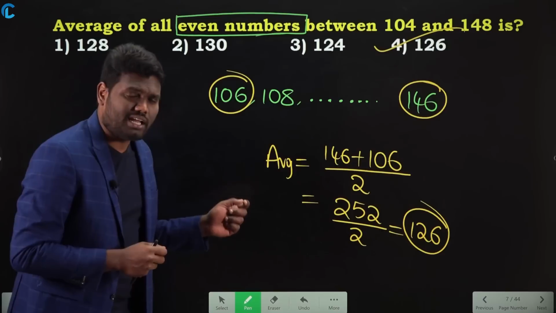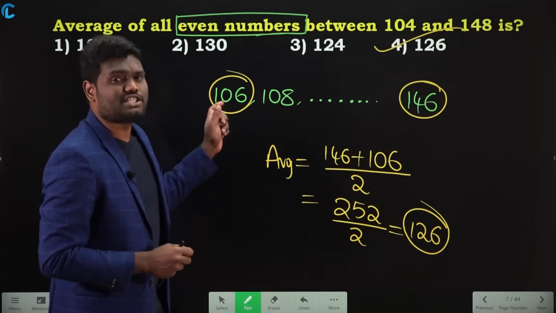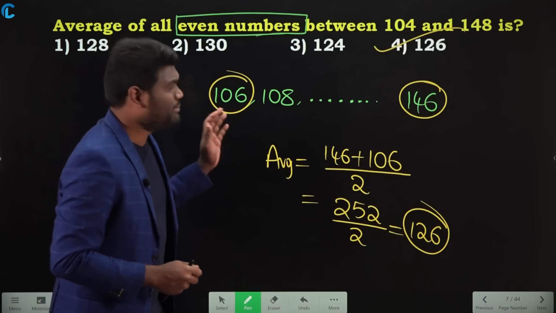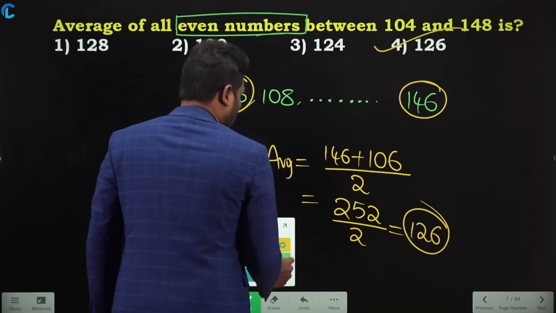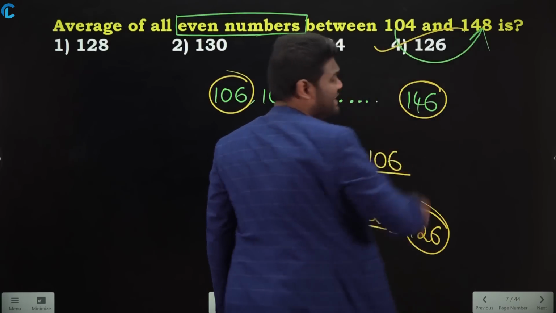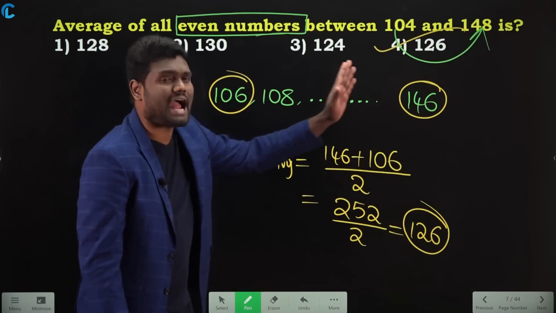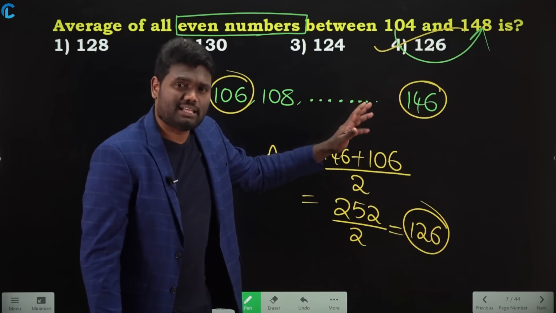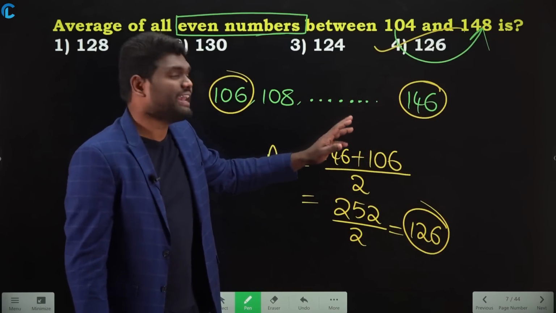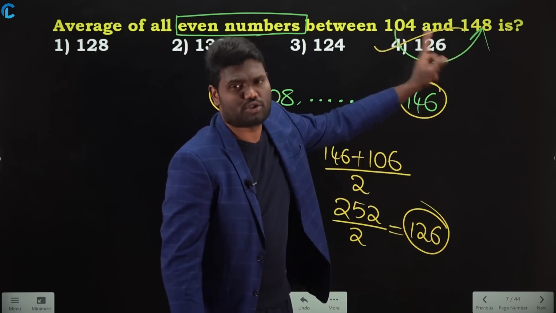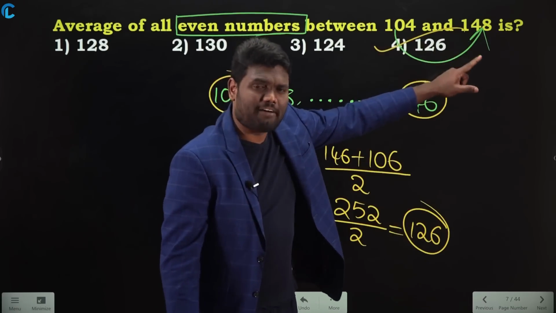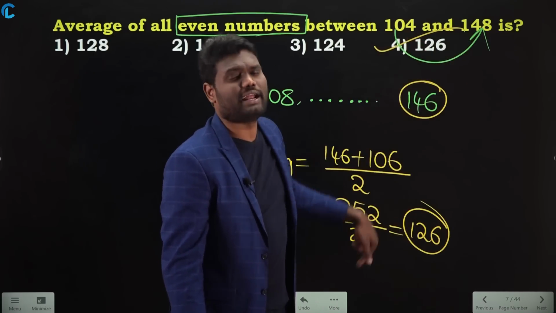And if you have observed here in this question, instead of writing whatever numbers you have between 104 and 148, what I have done is I have written the numbers between 104 and 148. Instead of writing this, what you can do is directly calculate the average for the given numbers also. If you calculate the average for the given numbers also, again you will get the same answer.